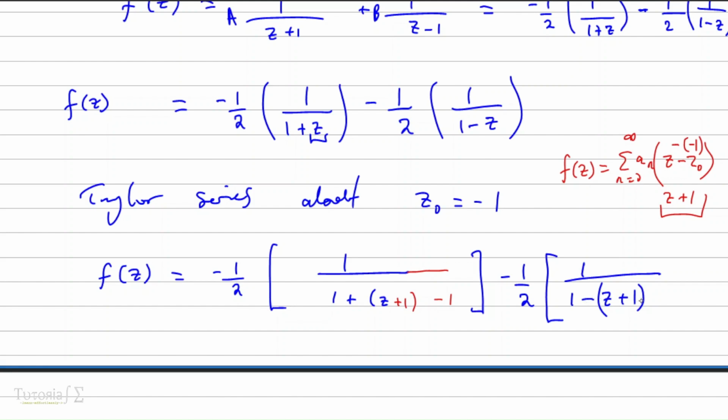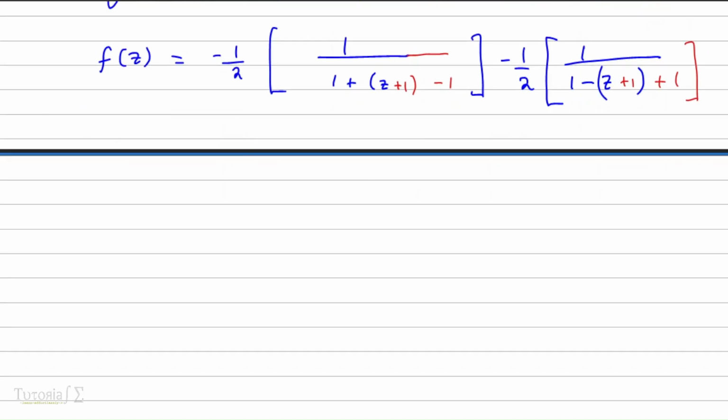What will get rid of this -1 is a positive 1. So let me just say I've added a plus 1. So this times this will be -z, which is what we have. Negative times +1 will be -1. We don't have -1 in the original equation, so we need to get rid of it by introducing a +1. Then we can simplify everything.